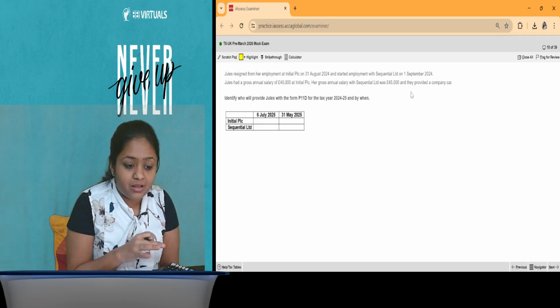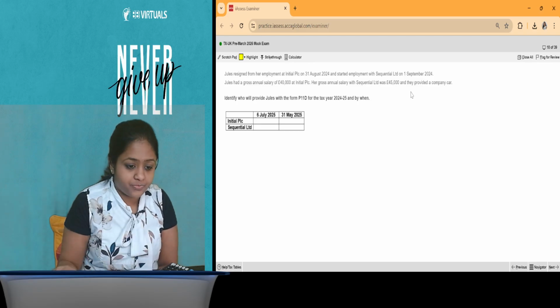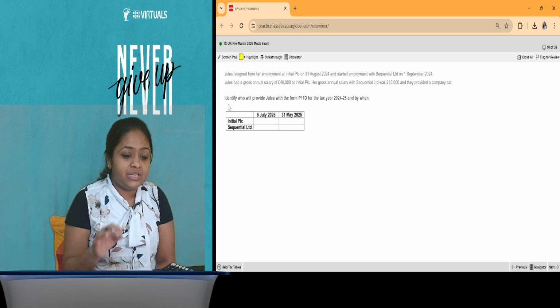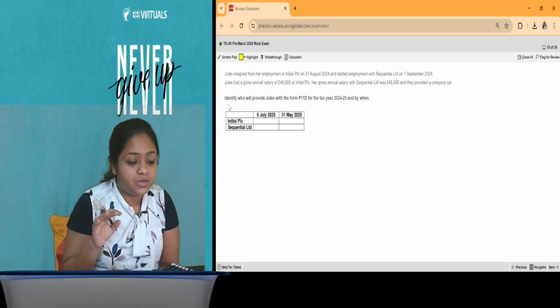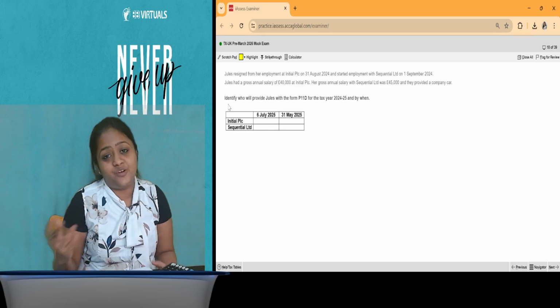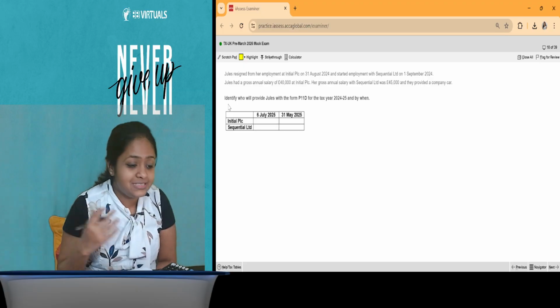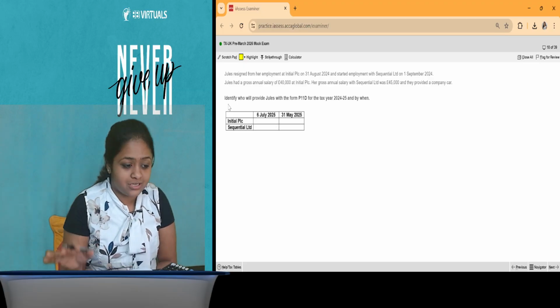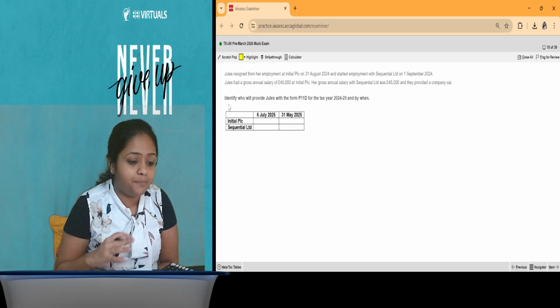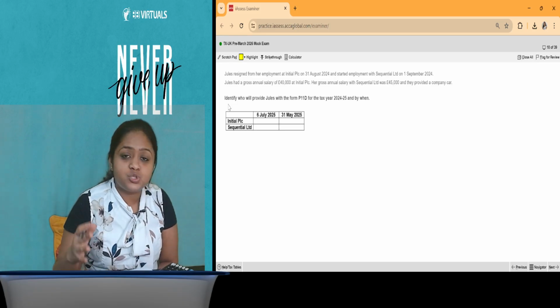And they provided a company car also. So that is the P11D form. Remember, identify who will provide Jules with the P11D form for the tax year. Of course, as I told you, the one who provides a taxable benefit, which entity is that? Sequential. So sequential will provide it, and by when? By when it is to be provided?